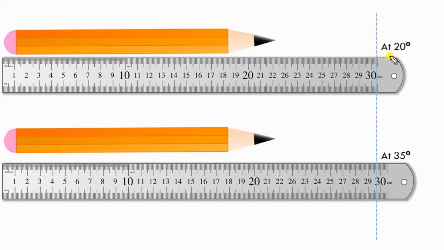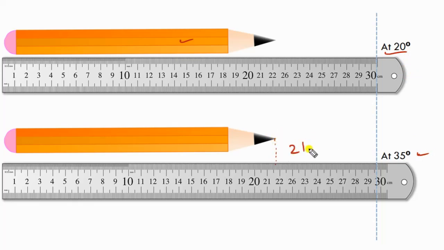If we are taking our measurements at temperatures more than 20 degrees Celsius, we will consistently get a value less than the true value of the length of this pencil. While if we are taking our measurements below 20 degrees Celsius, then we will consistently get a value more than the true value of the length of this pencil. You can see in this example, while measuring the same length at a temperature higher than 20 degrees Celsius, let's say at 35 degrees Celsius, I am getting a value that is less than the correct value.